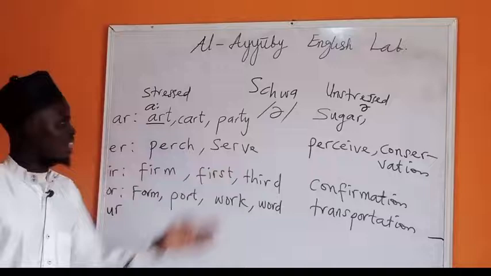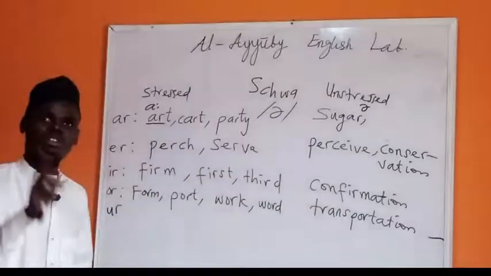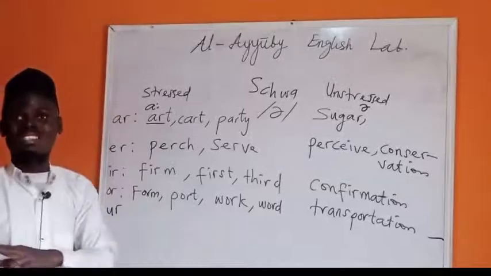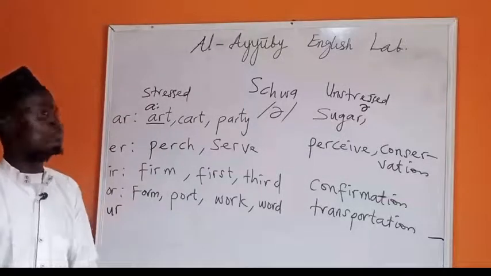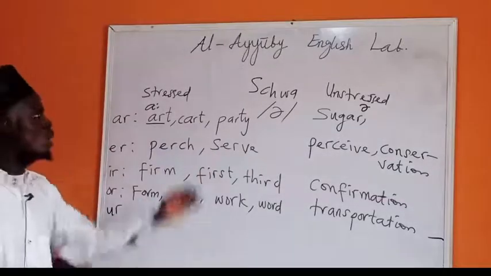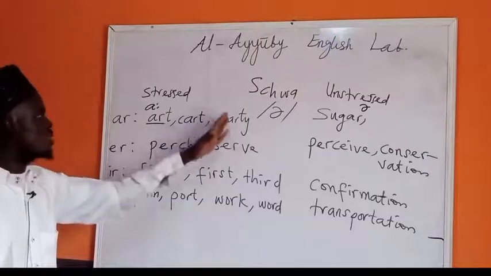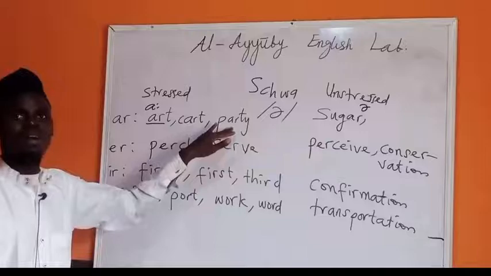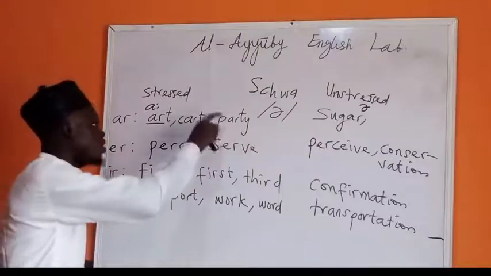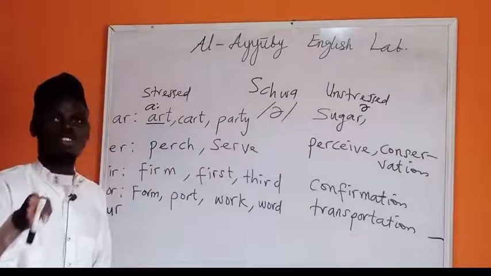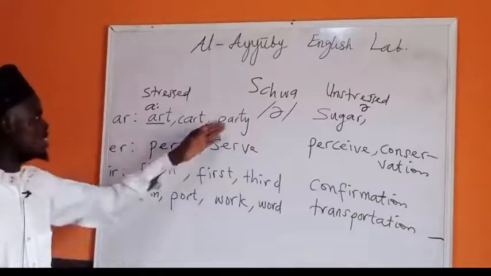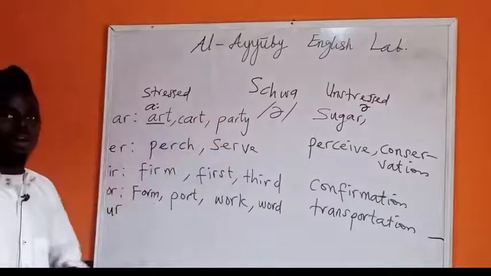These are nouns, and a noun, when it is monosyllabic, we stress it on the first syllable. Likewise, when it is disyllabic, that is, when it has 2 syllables, we stress it on the first syllable. So party, a noun that has 2 syllables, par and ty, we stress it on the first syllable. So we stress par. Therefore, the AR here is strong because it has a stress. So we say party. We stress it and we pronounce it as a long vowel.